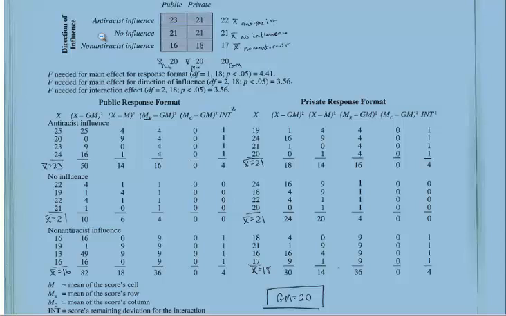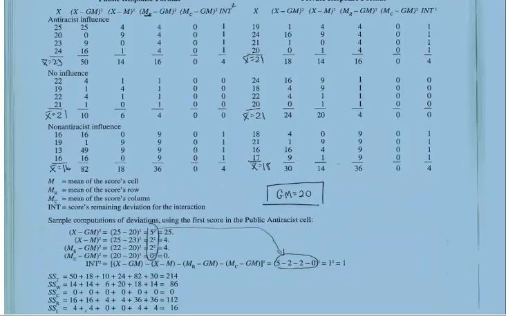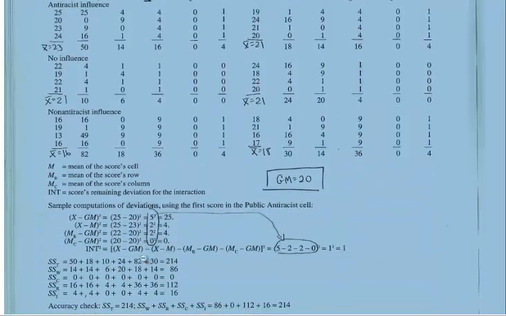We believe that the responses vary as some interaction, some special relationship between these two variables. That's why we conduct it as a factorial ANOVA rather than as a simple one-way ANOVA.